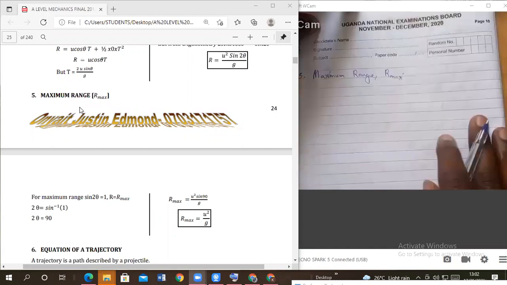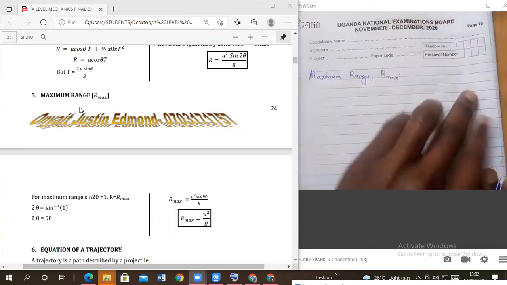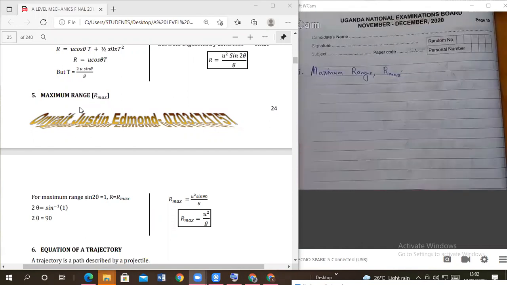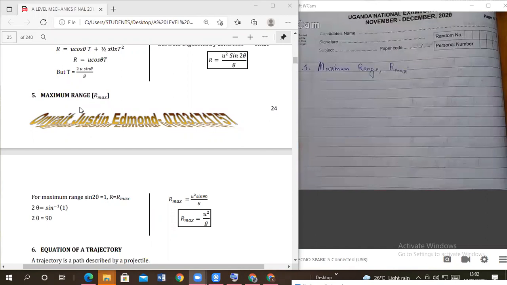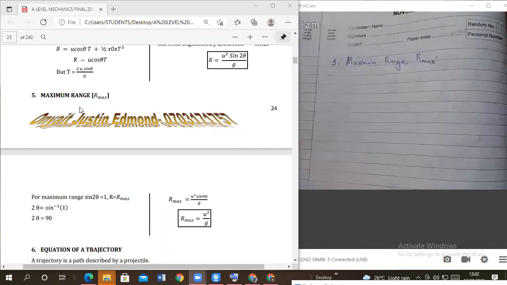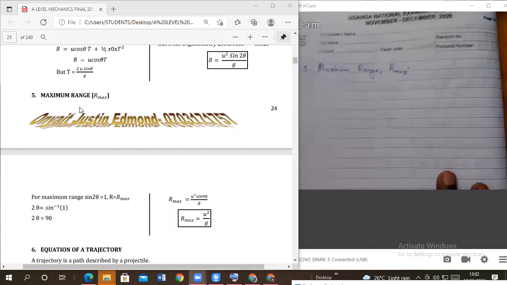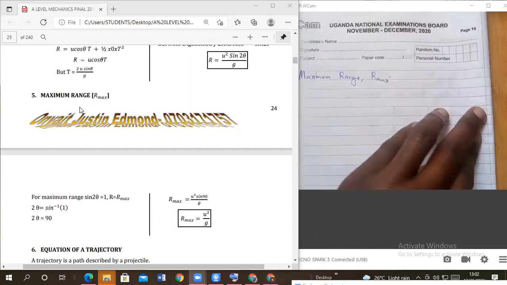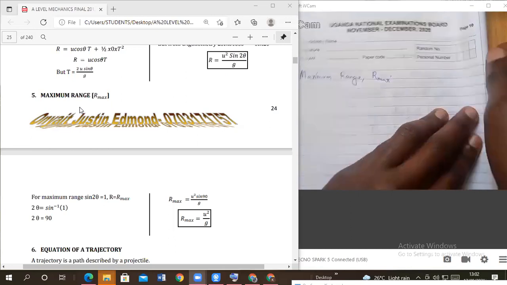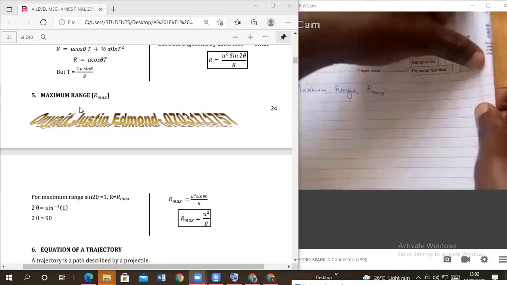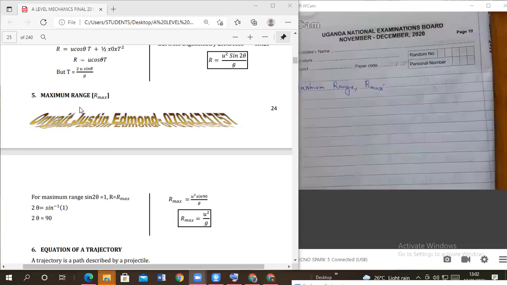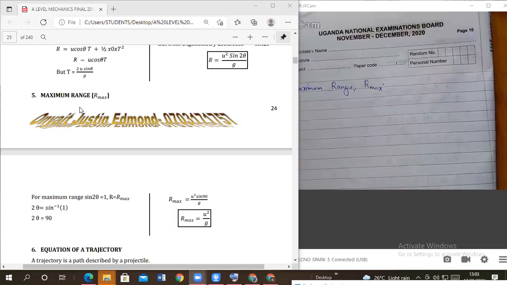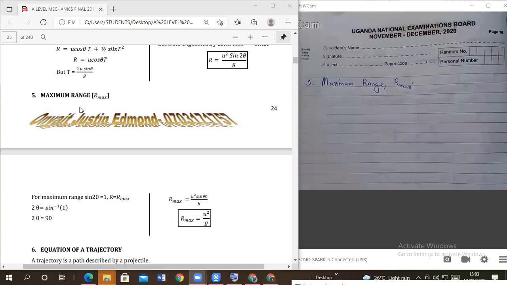We said for maximum range to occur, the angle of projection theta must be 45 degrees. That one has been proven experimentally.